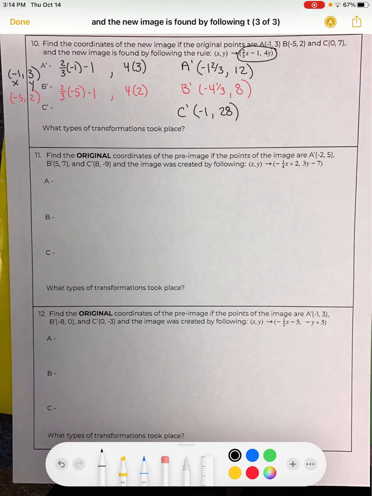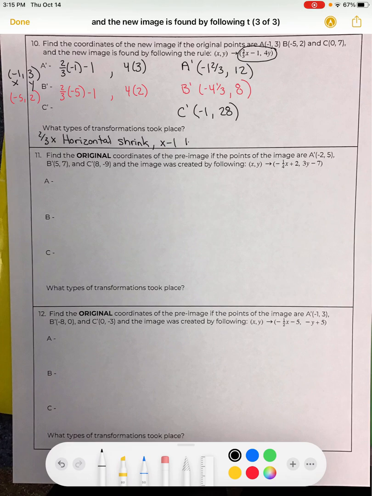So describe what's happening. So again, I'm going to read this sentence, the math sentence from left to right. The 2/3 of x. The 2/3 x represents a horizontal shrink because it's a fraction of the size, comma, and then we have this x minus 1.